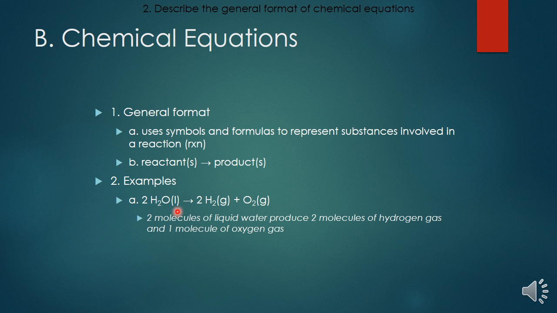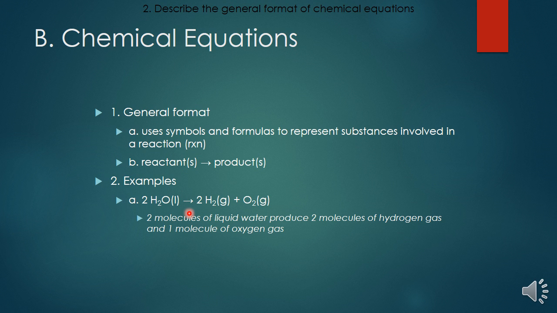Notice that the letters in the parentheses correspond to the physical states. We're told we have 2 molecules of liquid water, the L standing for liquid, and then we get hydrogen gas and oxygen gas. That's why we have the G's in parentheses to show those are both in the gas state.